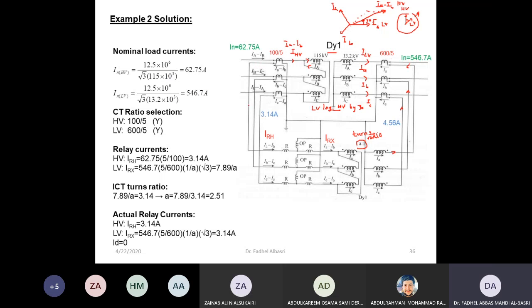What is the secondary current? It is also IA minus IB. Okay, for this phase, this will be IA. So there will be a phase shift between them of 30 degrees. And to correct it, I have to make this current the same as this current. So this has to be the same as this, okay? And this has to be corrected.